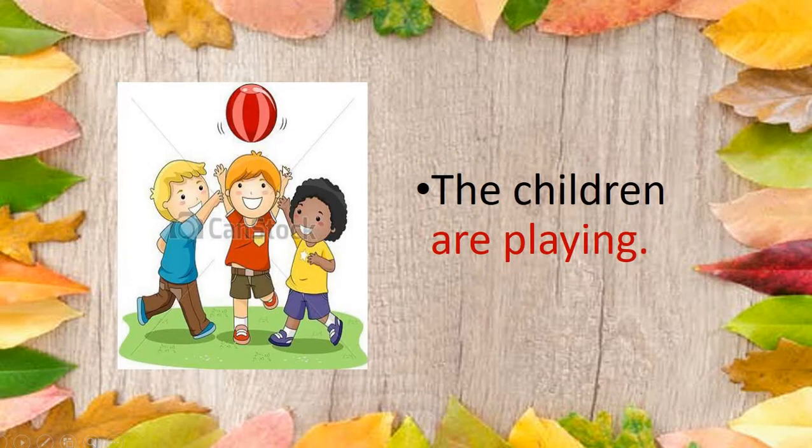See here these children. They are playing. All these three boys are playing. So, what will be the sentence? The children. There are not one, there are many, more than one. There are three children. We have learned before, no? For more than one, we use are.